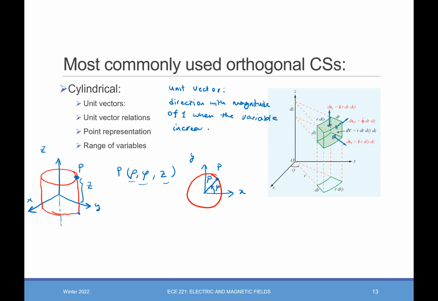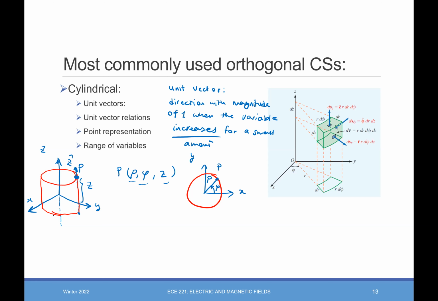So we always go in the direction of increasing by a small amount. For example, when we define z hat, we want to see the direction in which z increases at this point, so that's going to be z hat, because z increases in this direction.